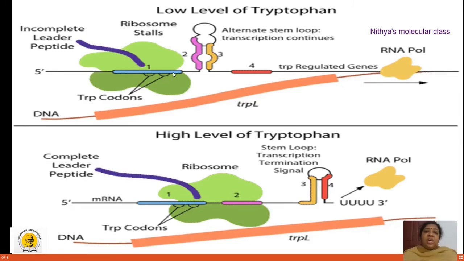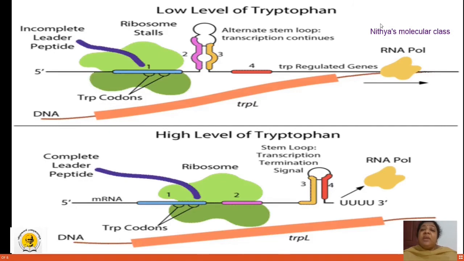Each mRNA is engaged with the ribosome, and if it is a low level of tryptophan, then the ribosome will be stalled here in the tryptophan operon without amino acid tRNA with tryptophan. So the ribosome will be stalled, and the mRNA will get the 2+3 arrangement, and this will enhance the structural gene transcription.